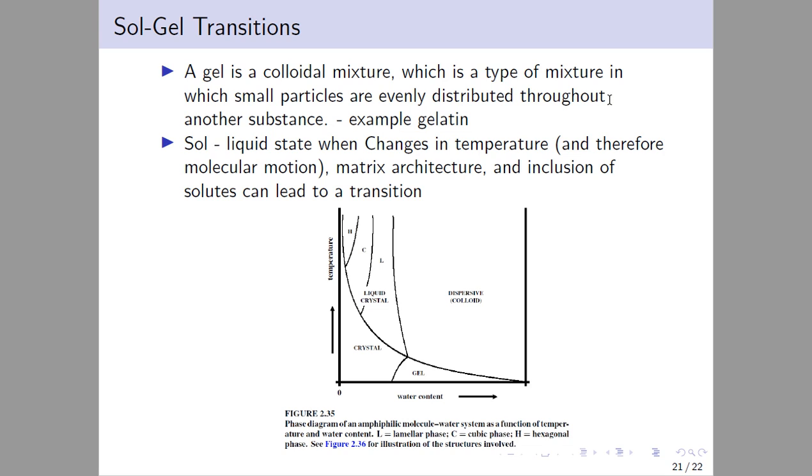At this temperature it is crystal; at this temperature with high water content it is gel. If the temperature is high, we get the lamellar phase, cubic phase, hexagonal phase, and these are colloid.